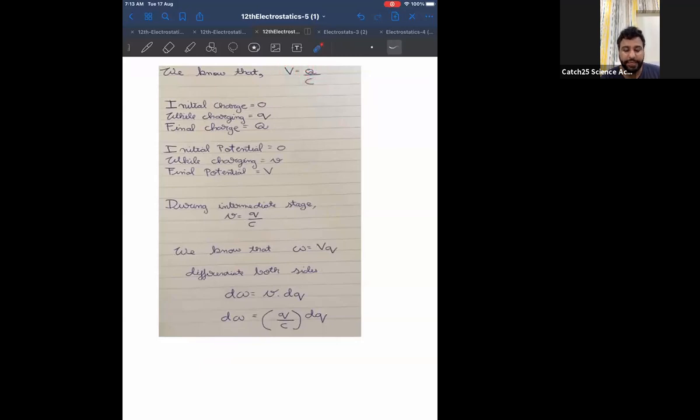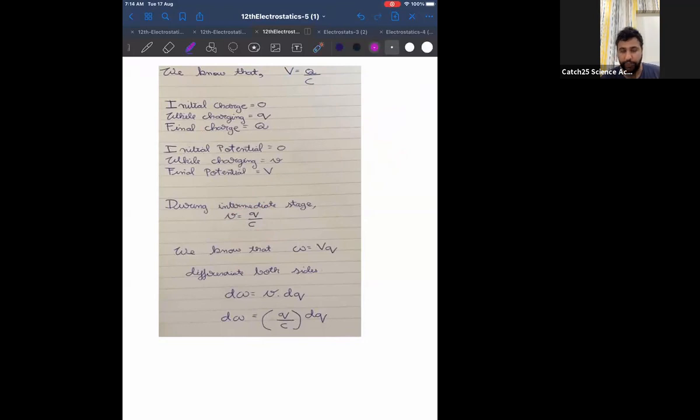While it is charging, let the charge be small letter q and the potential be small letter v. Therefore, this is the formula when it is completely charged, and this is the formula when it is charging.